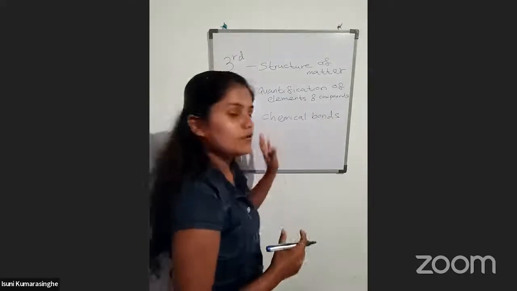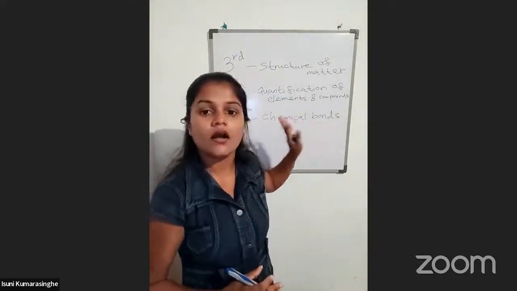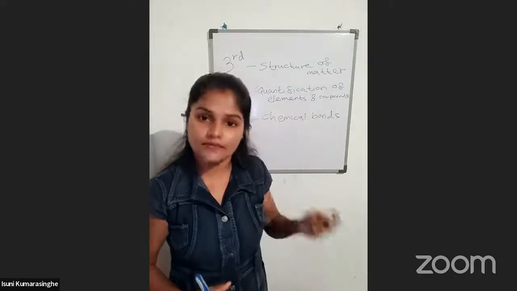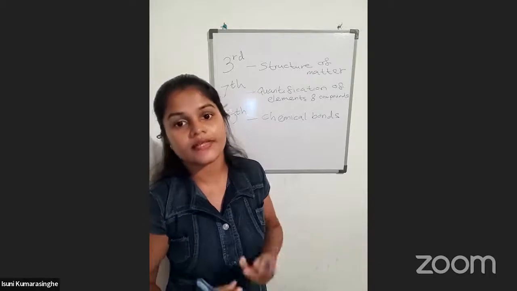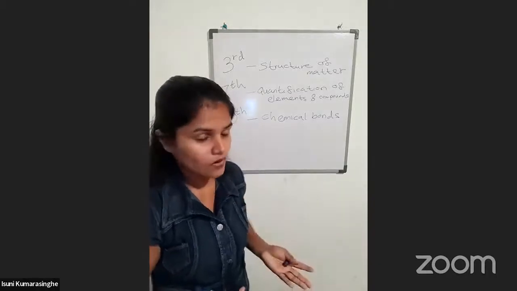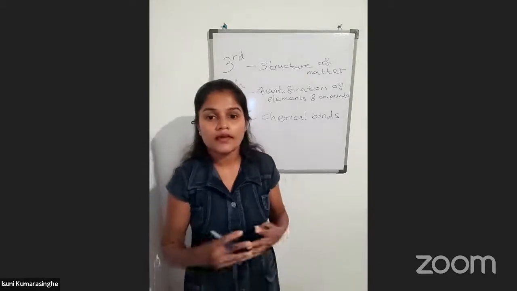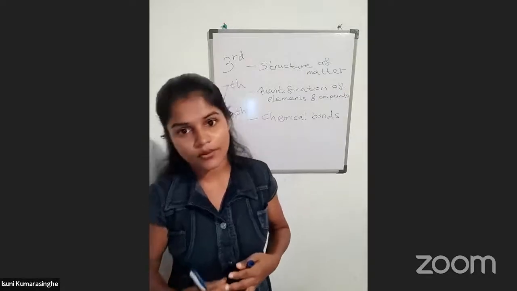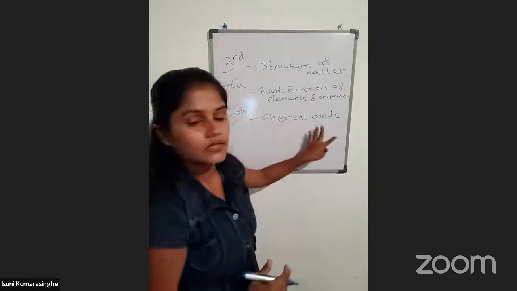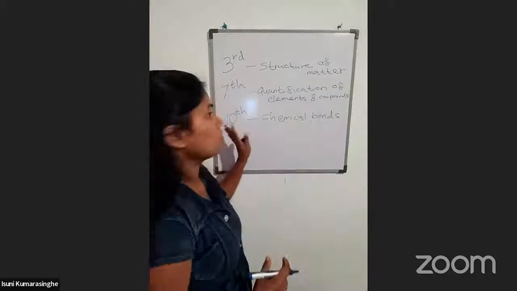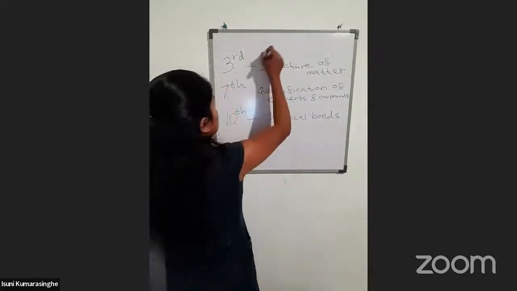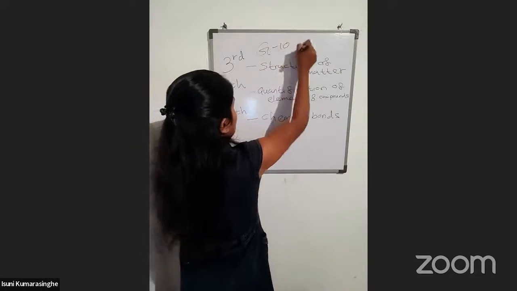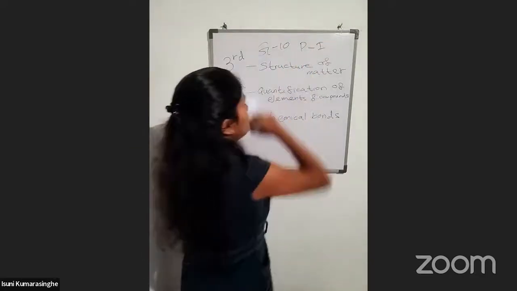So you have to have an idea about how bonds form and what types of bonds are available, like covalent bonds and ionic bonds, and their properties. This will be covered under the 10th lesson of grade 10 part 1.